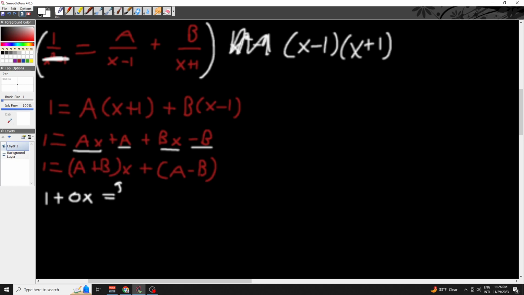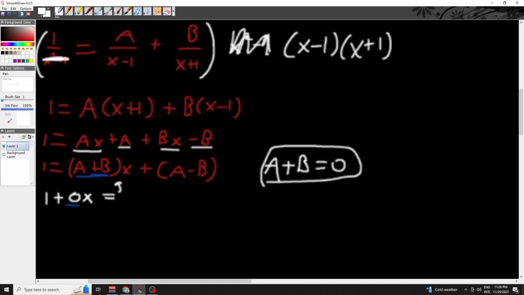Instead, we recognize that a plus b is going to be equal to 0 because x times a plus b is equal to this 0 right here. So we have a fun little rule we can play around with here. And now that we know that's possible, we now know that 1 is equal to a minus b.